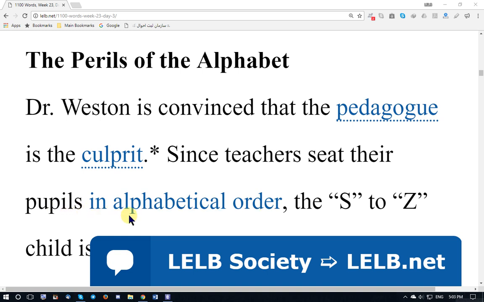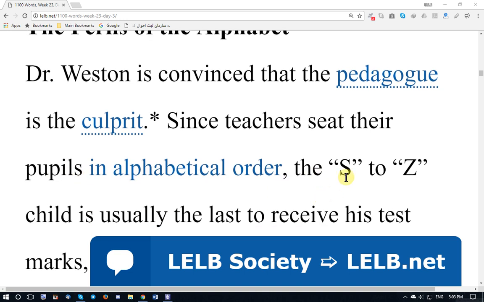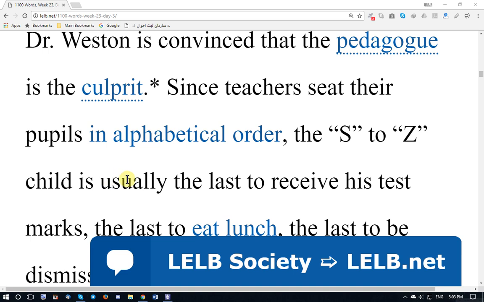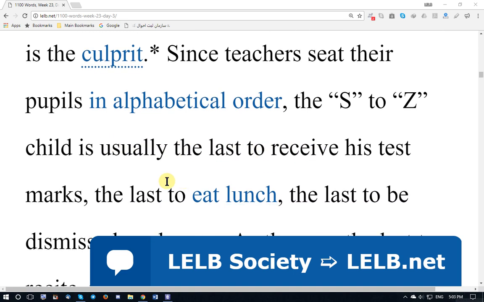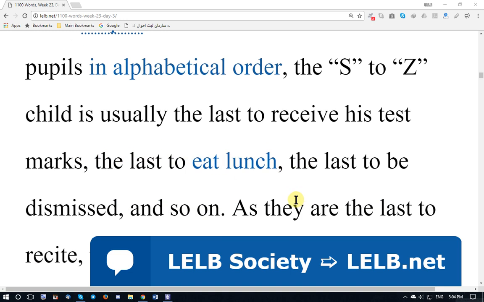In alphabetical order, the S to Z child is usually the last to receive his test marks, because they have to wait, because the teacher is going on the basis of the alphabet. The last to eat lunch, the last to be dismissed, here means to let go. And so on.